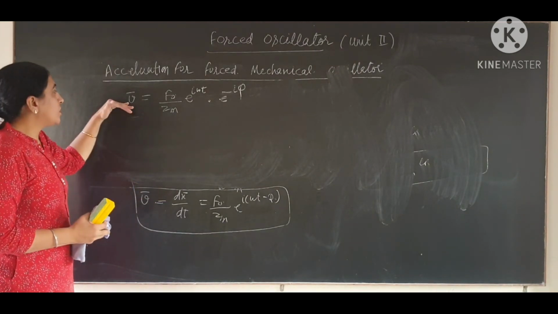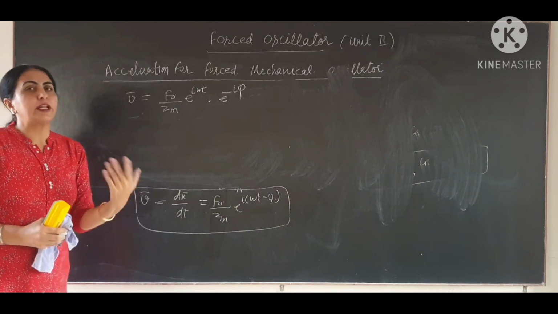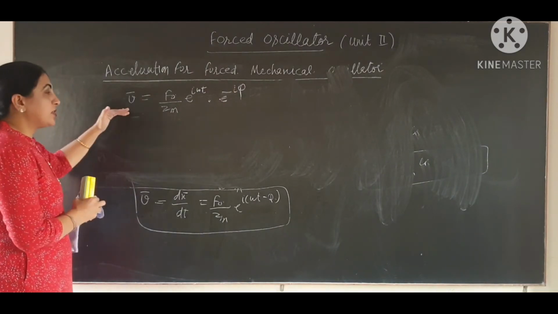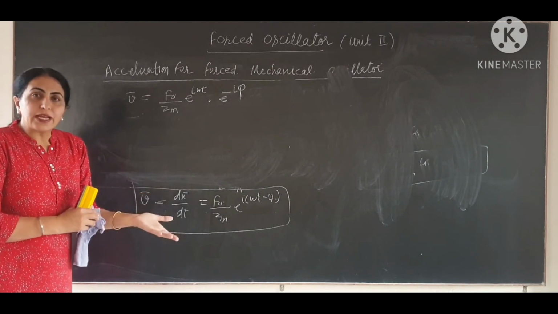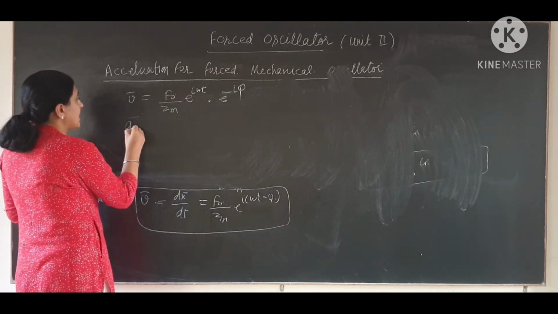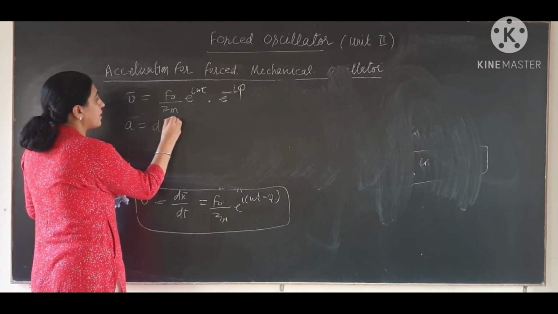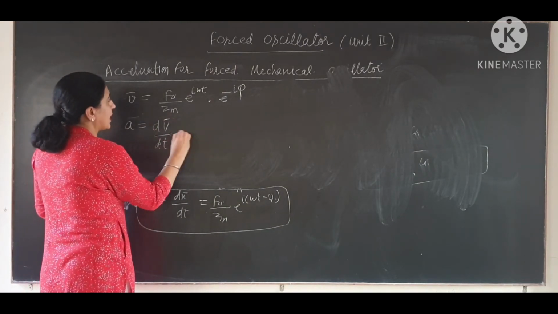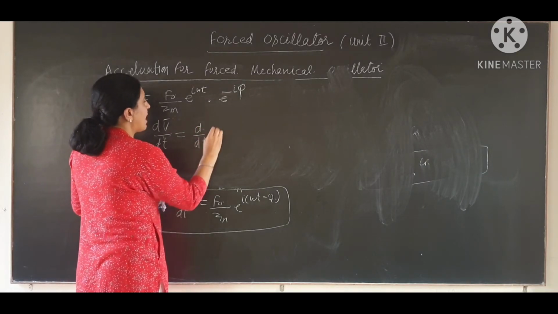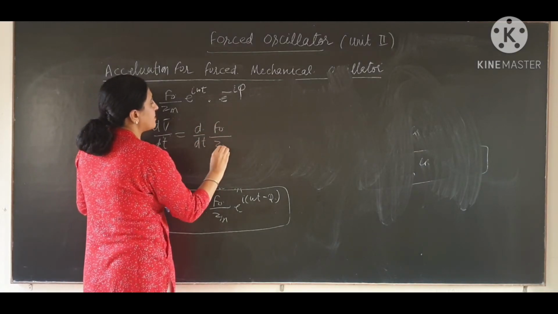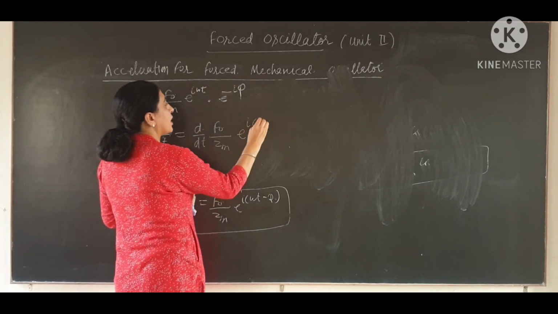And if you differentiate velocity with respect to t, you will get acceleration. So acceleration is equal to the derivative of v with respect to t, that is the derivative of F naught over Zm e raised to power iota omega t.